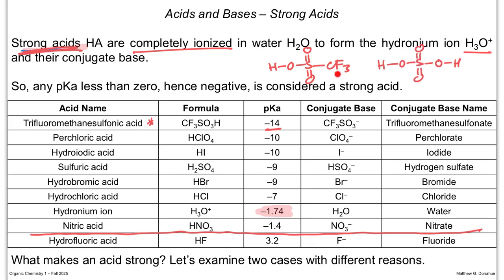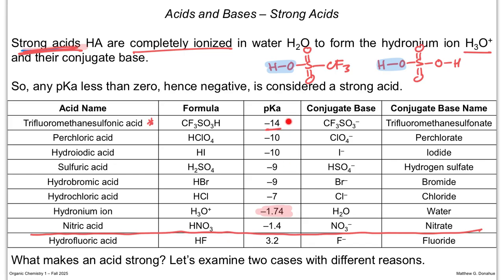So there's trifluoromethyl sulfonic acid, and then what you've seen before, sulfuric acid. So they both have OH, but sulfuric acid here is at -9.